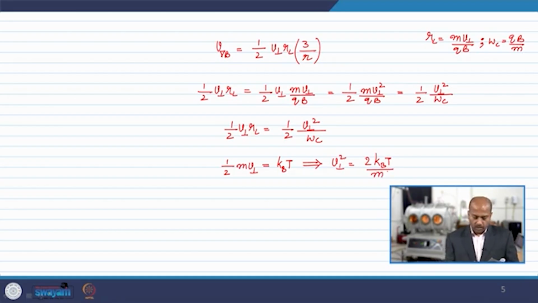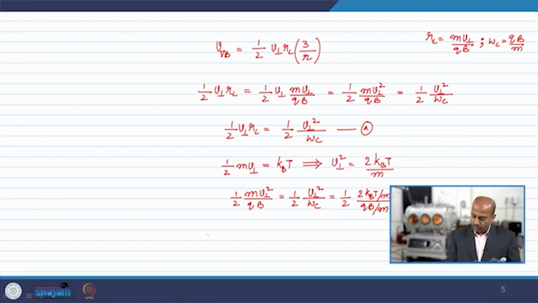Now, let us call this relation A. Using this relation, we can write half mv perpendicular square by qb, or half v perpendicular square by omega c, as half times 2 kBT by m, divided by omega c, which is qb by m.